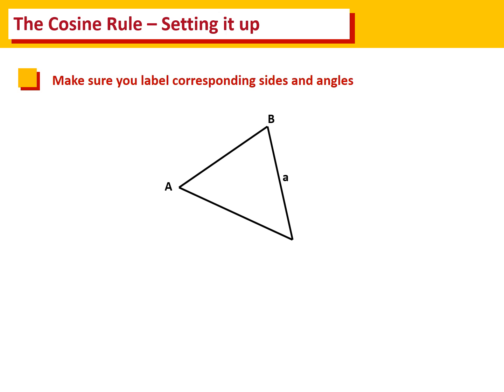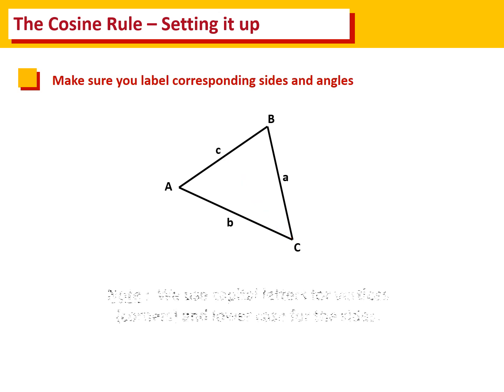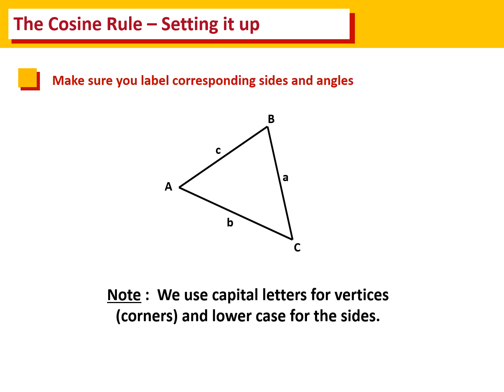Similarly, we've got vertex B, so the side opposite that will be marked with lowercase b. And finally, if we are labeling that corner, vertex or angle C, then the side opposite will be lowercase c. Capital letters for vertices, lowercase letters for the sides.